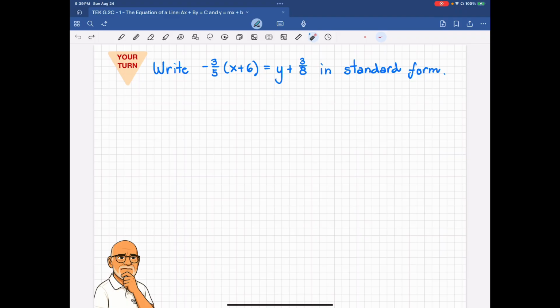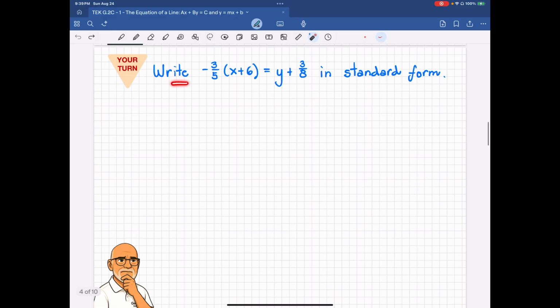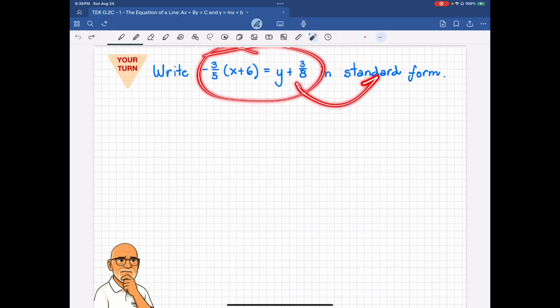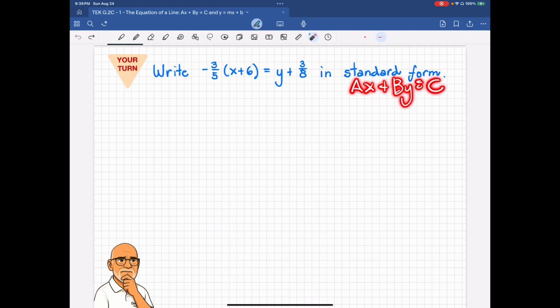All right, geometry thinkers, now it's your turn to take the lead. Let's see how you can apply what you just learned. The instructions read, write this equation that you see here, one that has two fractions with two different denominators. One is a 5, the other's an 8. And they want you to write this equation in standard form, which is ax plus by equals c.